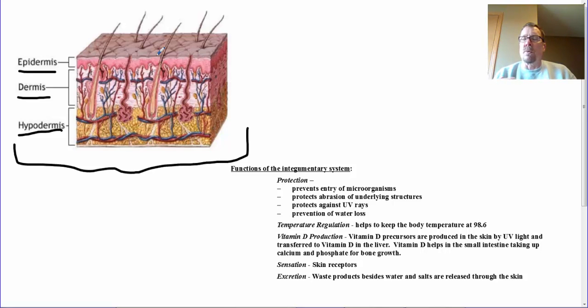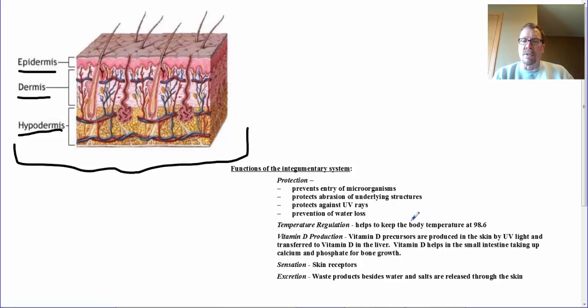Now this stratified squamous is modified to protect the outside and waterproof it, so as the squamous cells rise to the top from their basal layer, they are keratinized. They are filled with the protein keratin. In fact, the cells are called keratinocytes as they go up and become that way, and that's to waterproof and seal, but it prevents against abrasion, microorganisms, UV rays and water loss.